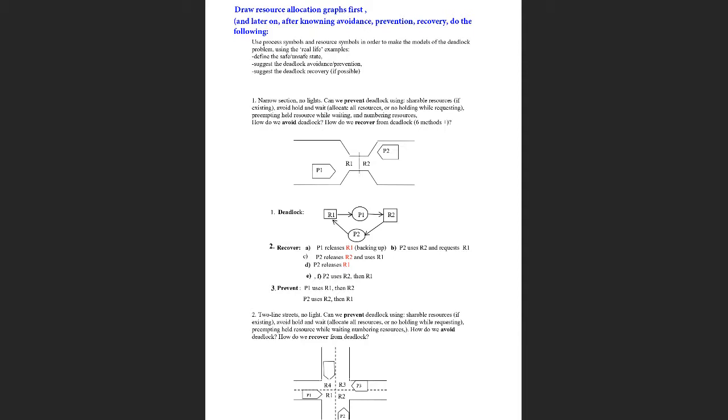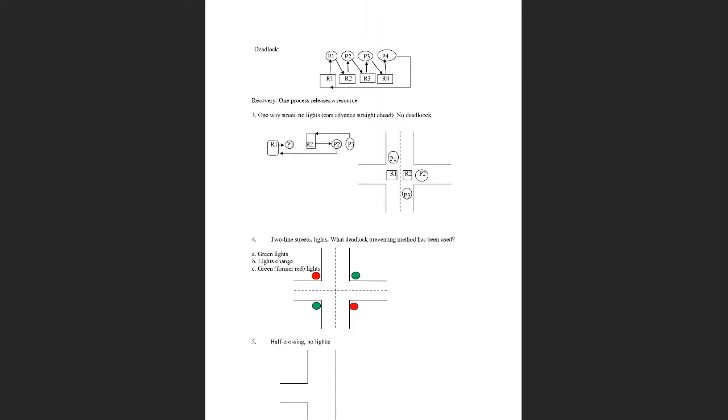We have an example of a two street crossing with 4 resources and 4 processes. It may happen that if all of them are assigned all those resources, that is obviously a deadlock, and starvation is possible. So this is a deadlock when we have a circular relation between those processes and resources.